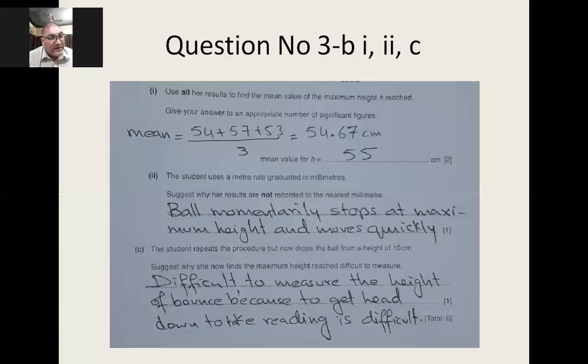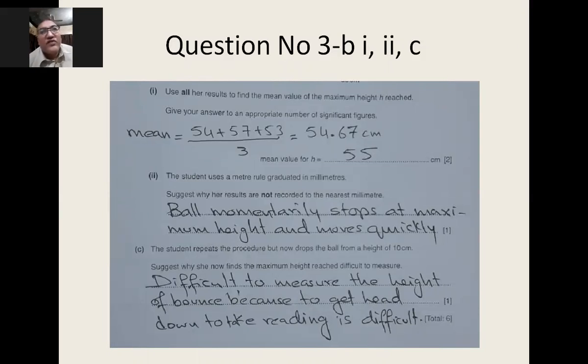And the second part of question B is, the student uses a meter rule graduated in millimeters. Suggest why her results are not recorded to the nearest millimeter. Because she is trying to measure the height of the bounce of the ball. The bounce of the ball is continuously moving, and for a very short time the ball stops at its maximum height, and the ball is moving very quickly.